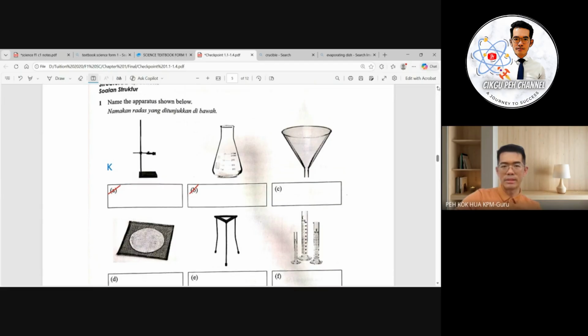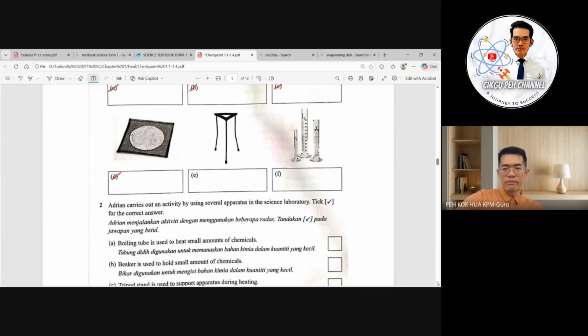Structure, name the apparatus. A and B. Okay, Catherine, answer A and B. C and D, answer by Brennan. So C and D, your turn. Okay, then E and F.